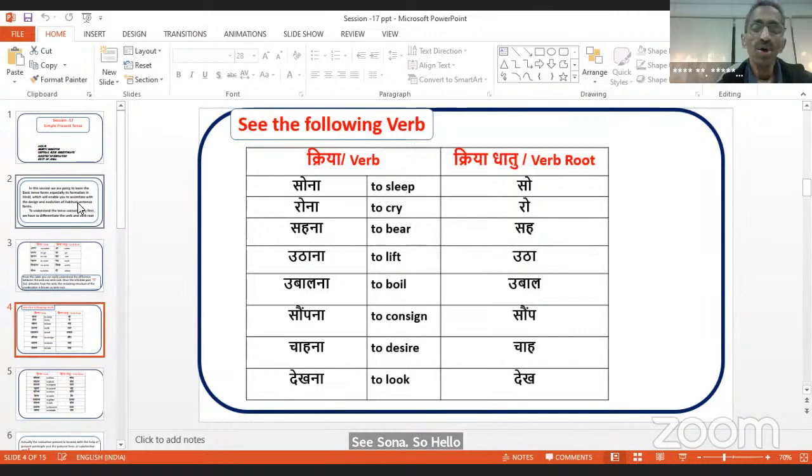Rona, ro. Sahna, sah. Uthana, utha. So only the na we have to detach. The remaining part is known as the verb root.